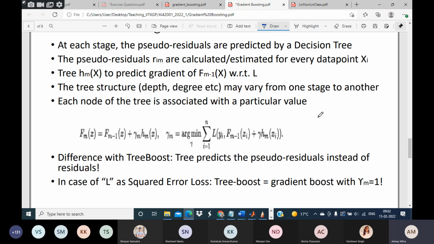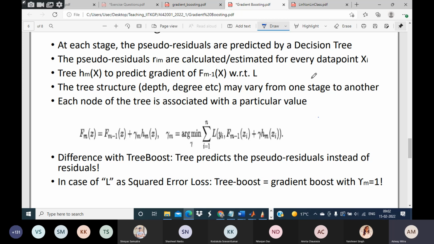Otherwise, it is also possible to use trees as the base learners h_m, in which case the structures of the trees, say the depth or the degrees, will vary from one stage to another.